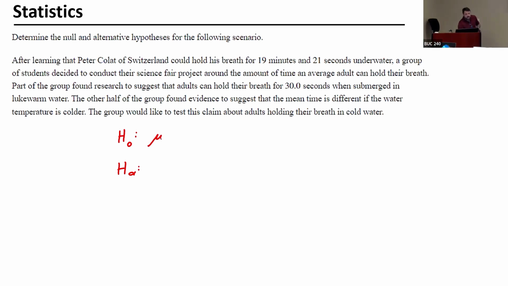Could we all agree we're dealing with a mean? Well, if I'm dealing with a mean in one, what am I dealing with in the alternative? A mean again, okay?